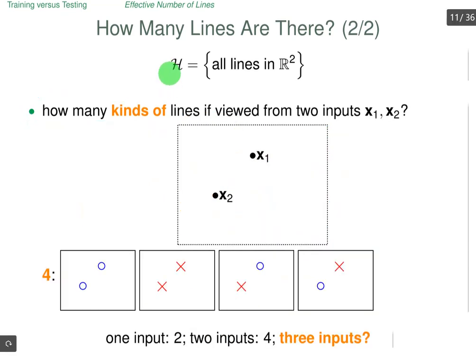Now let's take 2 points, x1 and x2, and ask the same question: how many kinds of lines or hypotheses, if viewed from 2 inputs, can we find? All right, so how many different but similar kinds of hypotheses?